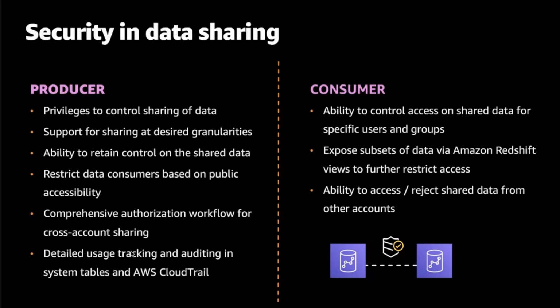On the producer side, you retain control on the shared data set. At any point, if you want to revoke permissions on the data, you can do that, and immediately the data sets disappear from the consumer cluster. So the producer cluster retains control. And there are some detailed security capabilities.